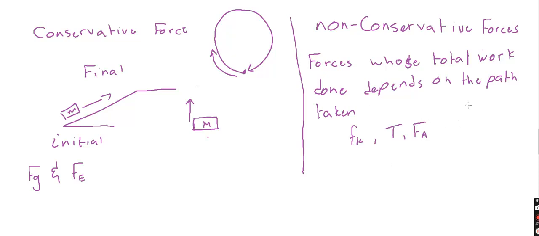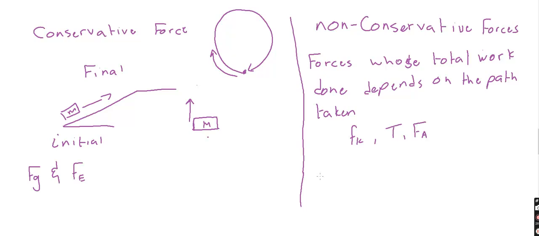There are so many other examples, but we will stick to these ones for now. Now, the work done by a non-conservative force is the interesting thing, because we have a formula for this. Remember, we said the work done by a conservative force really doesn't matter too much how we are moving. But the work done by a non-conservative force gives us a formula.